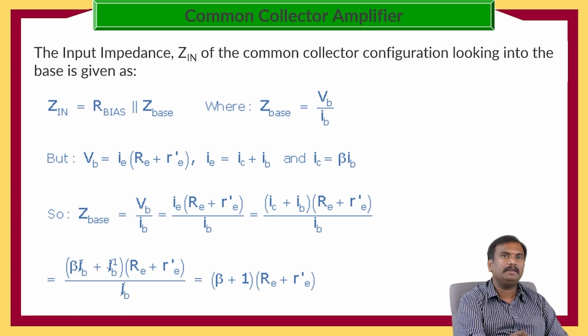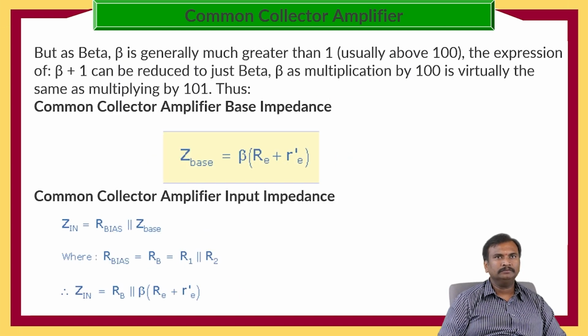Here IB will get cancelled. Here it is beta plus 1 into RE plus RE dash. This is the base impedance of the given circuit.